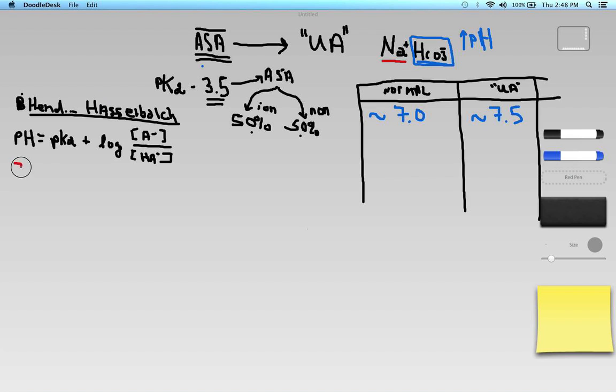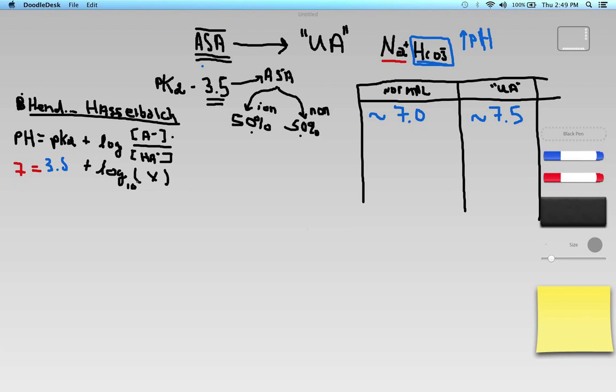I'm going to put the normal pH, 7, equals pKa, the pKa of aspirin being 3.5, plus the log, and since I don't know this ratio, I'm going to assume log base 10 and make that whole thing x. So 7 equals 3.5 plus the logarithm base 10 of x.